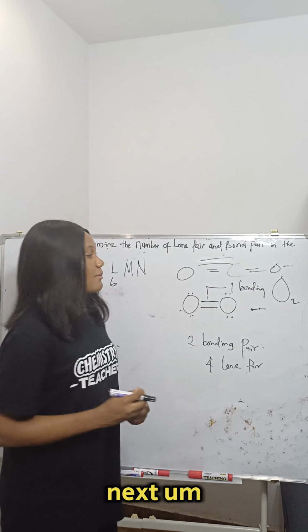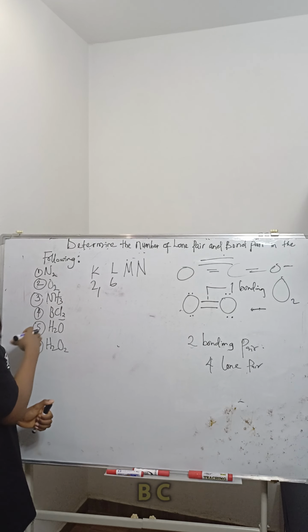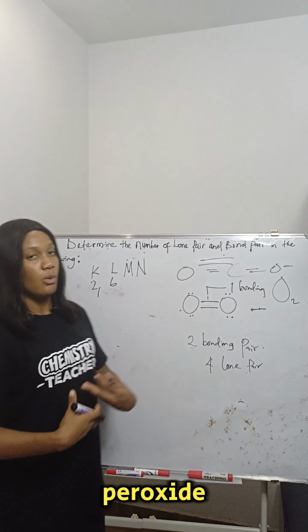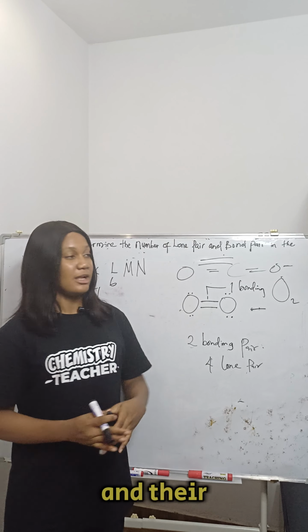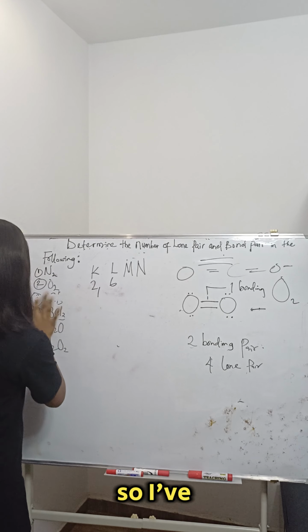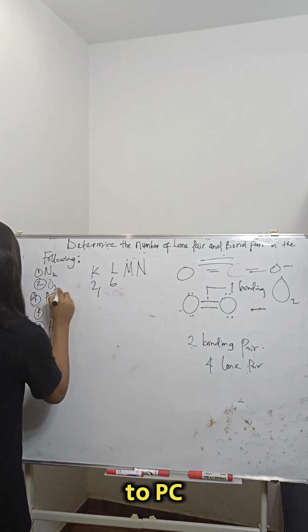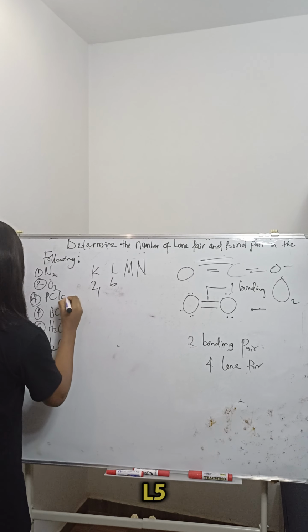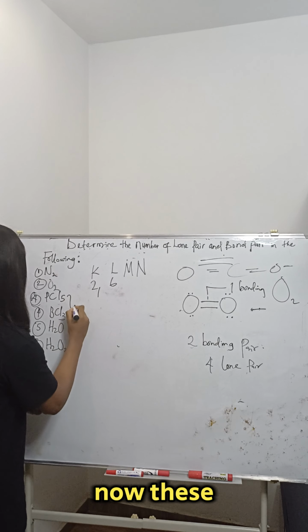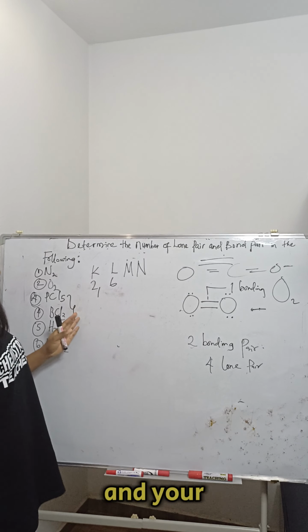Now, the next one we're about to look at, for your compounds like ammonia, BCl3, water, and hydrogen peroxide, we want to look at how we can find their bonding pair and their lone pair. Okay, wait. I've done this before with you guys, so I'm just going to change this to PCl5. Now, these two have exception when looking for your bonding pair and your lone pair.